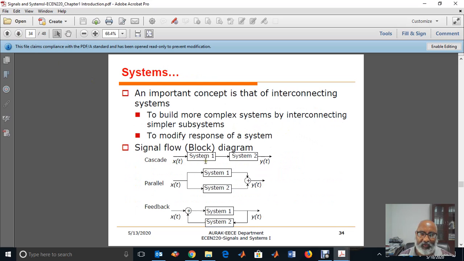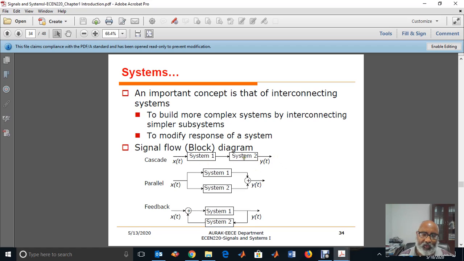Systems can be, for example, a simple single input and single output system, or we can build more complex systems from simple systems. For example, in this case, system 1 is connected to system 2. The input to system 1 is x of t, and the output of system 1 is the input to system 2, and we get the final output y of t.